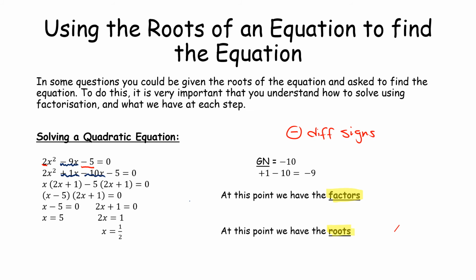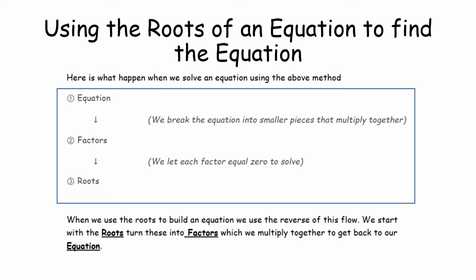And what we're going to see now, as we work with the roots of any equation, but in particular quadratic, is we're going to do this exact method, but work through it backwards. So just an overview of what's happened. We start with the equation. We break it into smaller pieces that multiply together. These are factors, and we let each factor equal 0 to then get our roots. So when we use the roots to build the equation, we're going to work backwards.